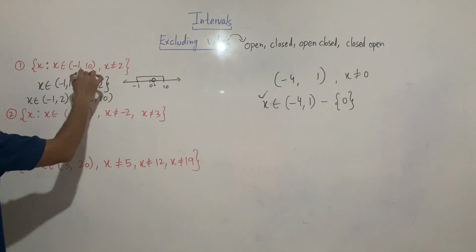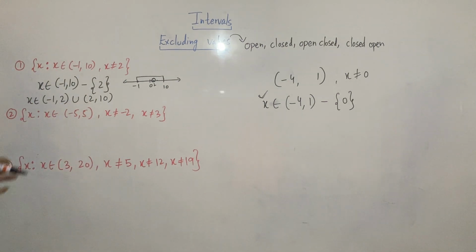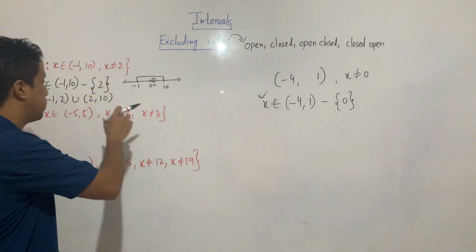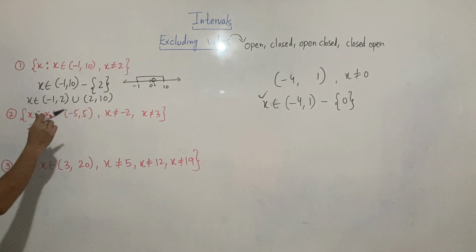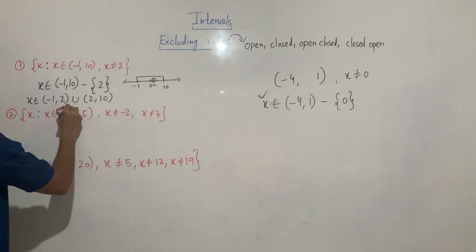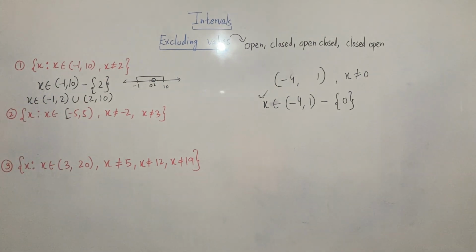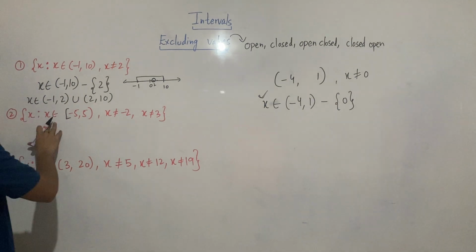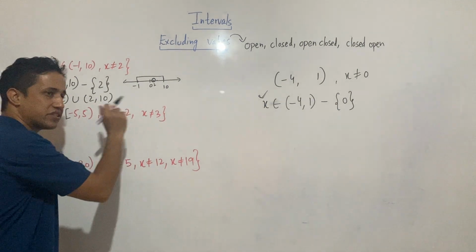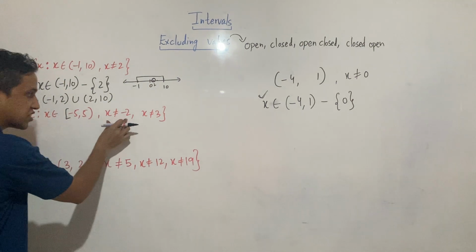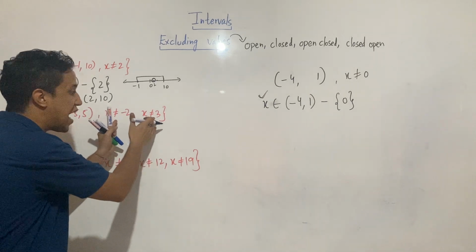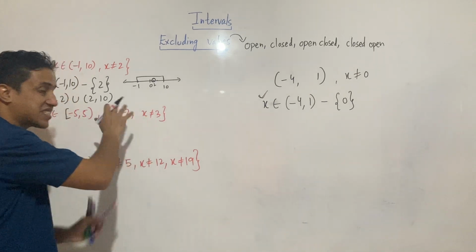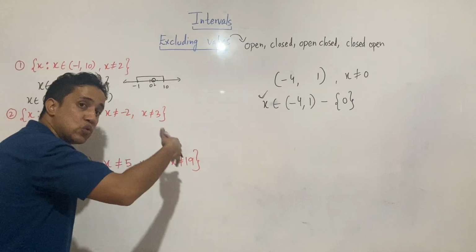But here we are talking about when we exclude some values, because this is derived from this, right? Now, it says we have to represent x such that x belongs to this closed interval, and x cannot take these two values, -2 and 3.